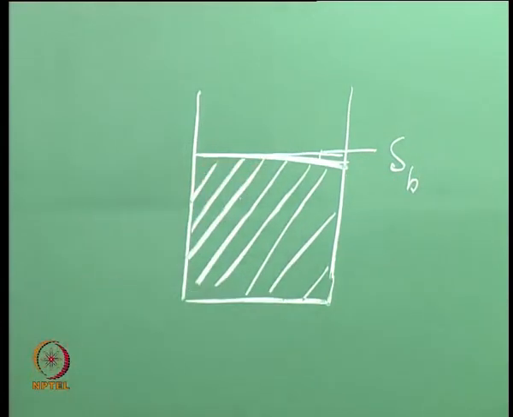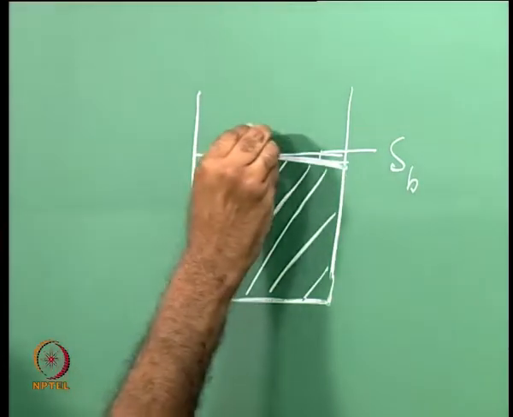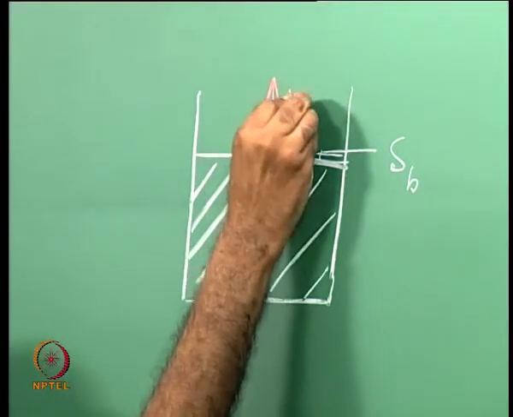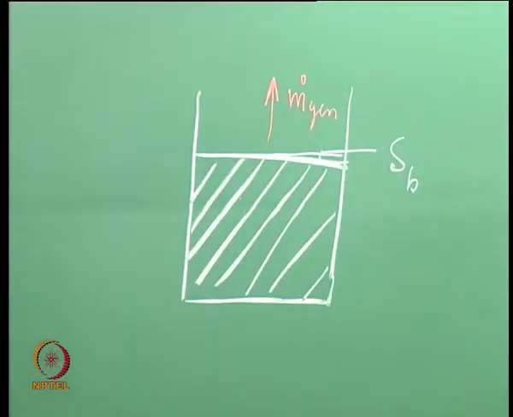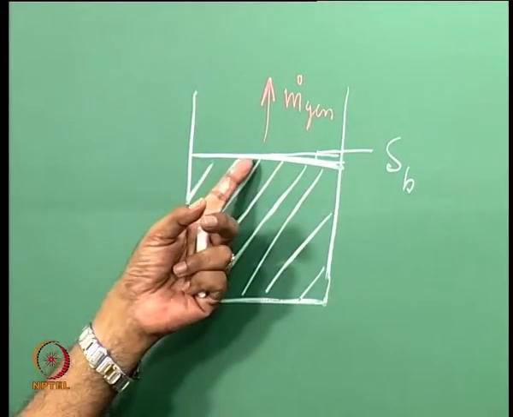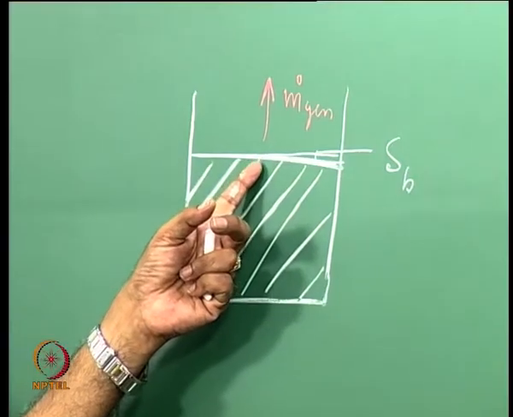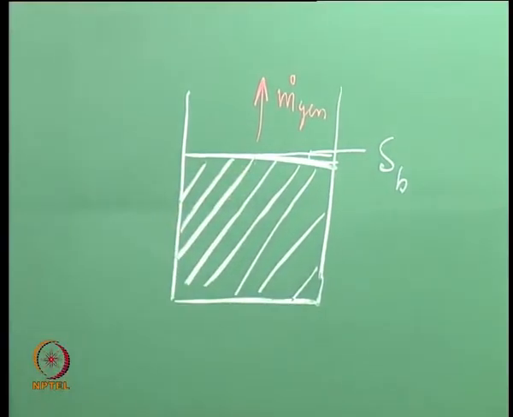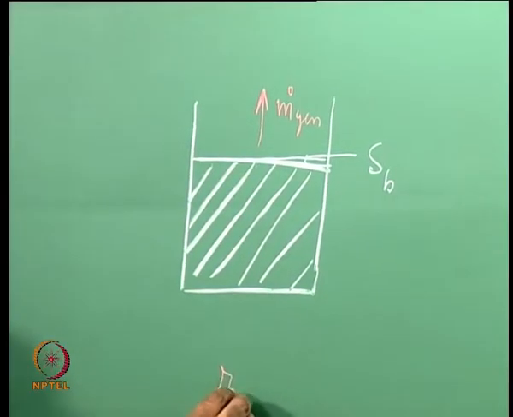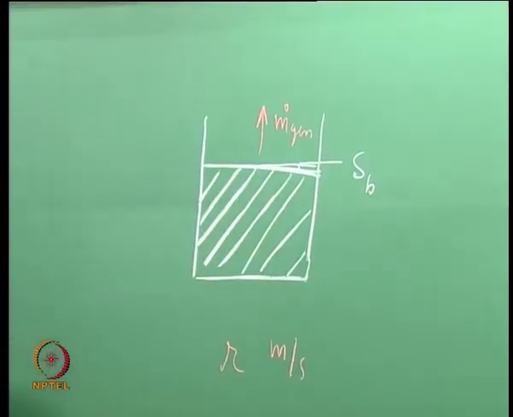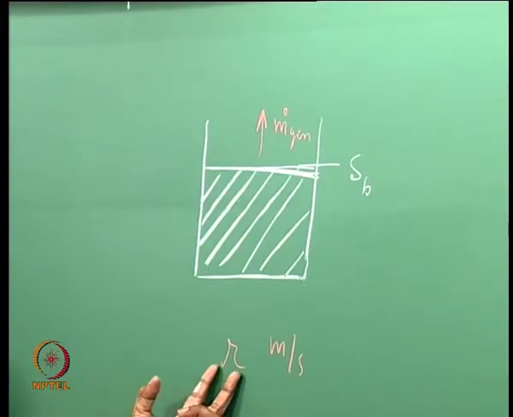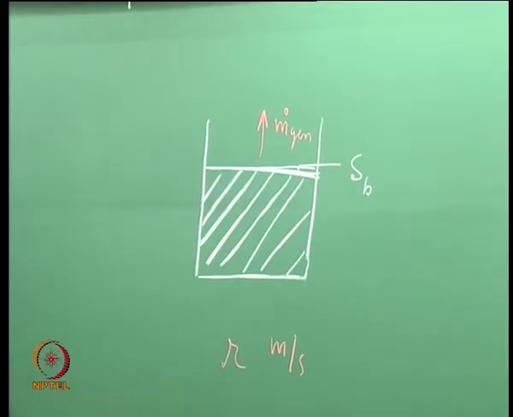Supposing this surface is ignited, I would like to know the rate at which I am generating the hot gases from it. Therefore, I must know the rate at which the propellant regresses or burns. In other words, I would like to have something like r, so many meters per second, the rate at which a propellant burns. What is this rate? Let's spend some time on it.